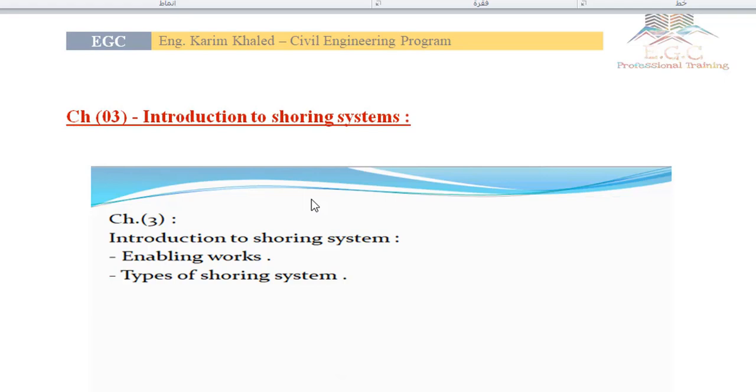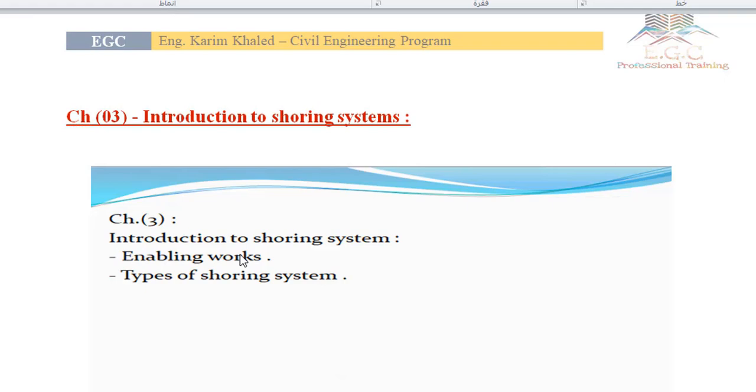In big projects, the design will take from the office or company that is responsible for design 1 year or 10 months. In this duration, the site will do work called enabling work.